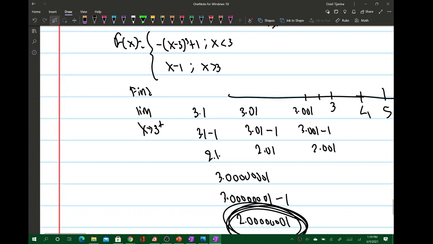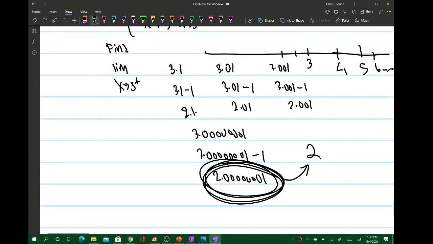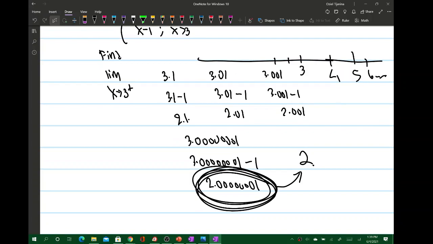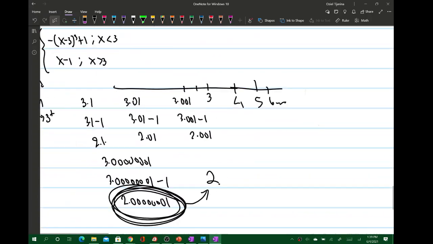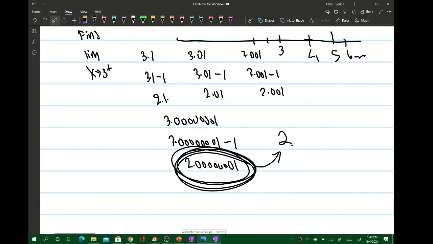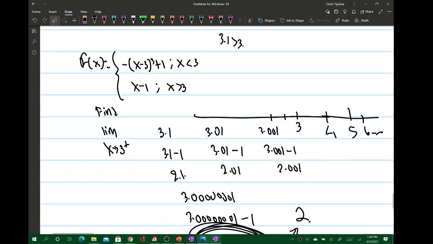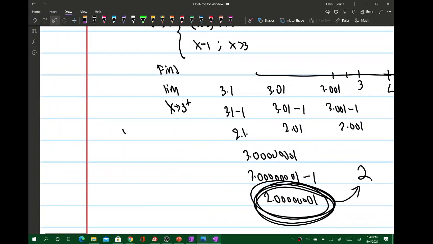It's going to approach 2. It keeps getting closer and closer to 2. That is what we have to remember: something like this just means it gets closer and closer to the very front value. And therefore the limit as x approaches 3 from the right of f of x is going to be 2.